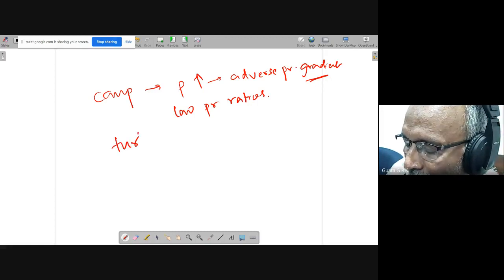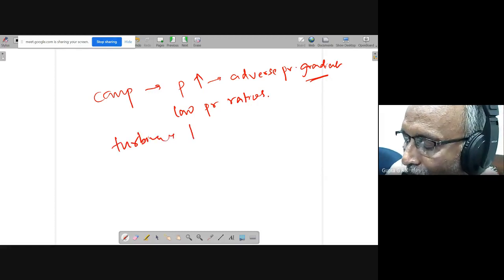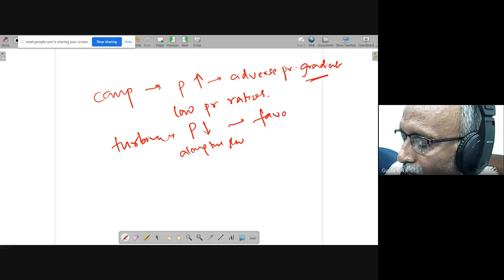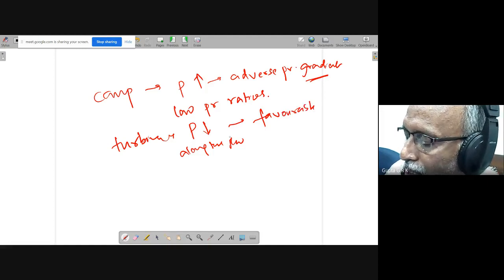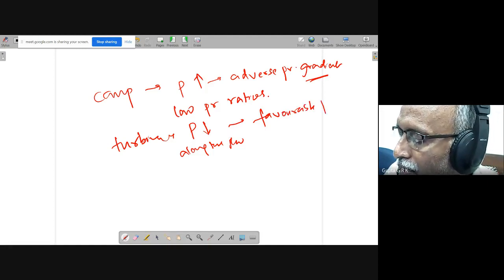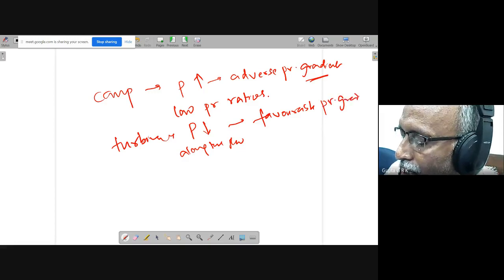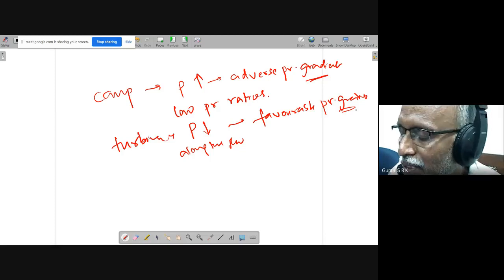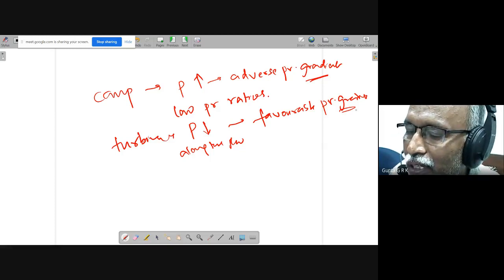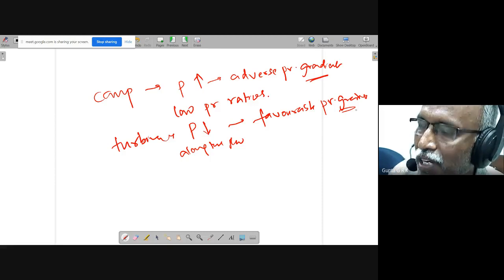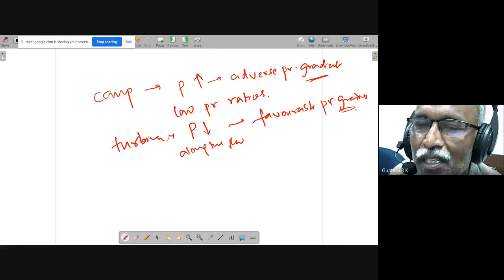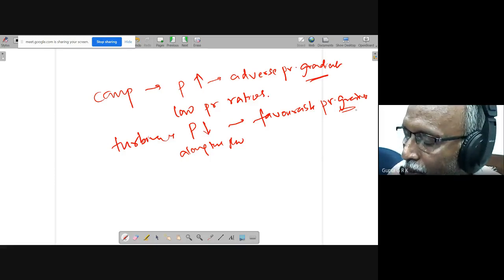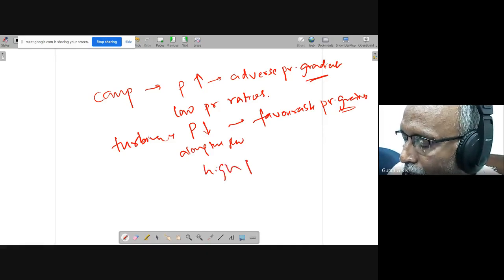If I have turbines, pressure decreases along the flow. This is called a favorable pressure gradient. You will know about this in fluid mechanics gradually. If the pressure gradient is favorable, the flow behaves nicely. If everything is comfortable, like going on a cycle with a favorable pressure gradient, I can pedal very fast. Because of that, I can have high pressure ratios.